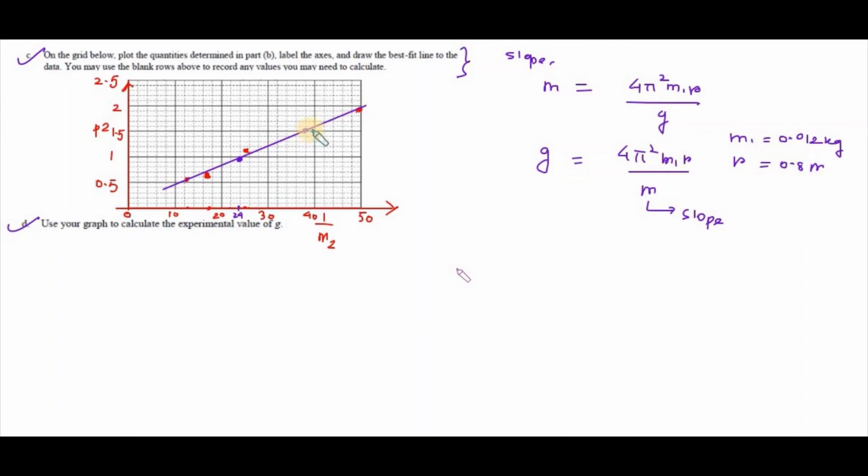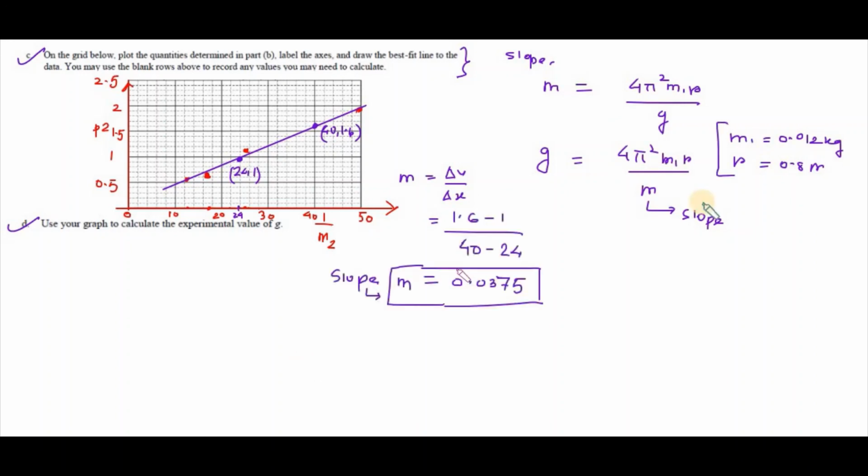So let's consider this point, that should be 40, and corresponding to that we get 1.6. So this point is (40, 1.6), and the other point is (24, 1). Now if you find the slope, that is delta y upon delta x, we get the slope equal to 0.0375.